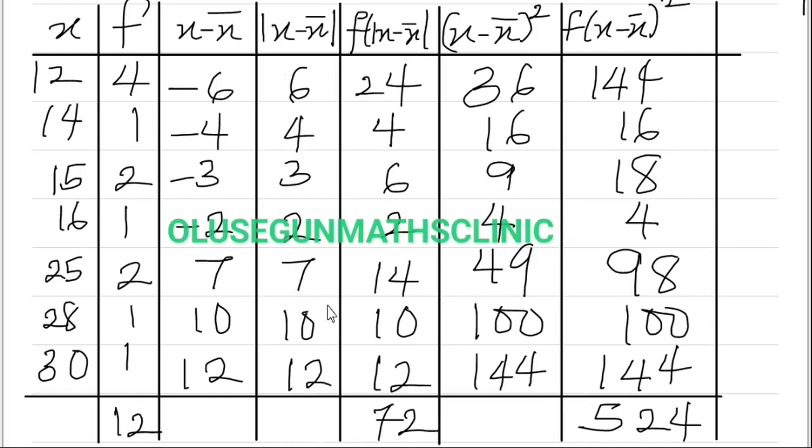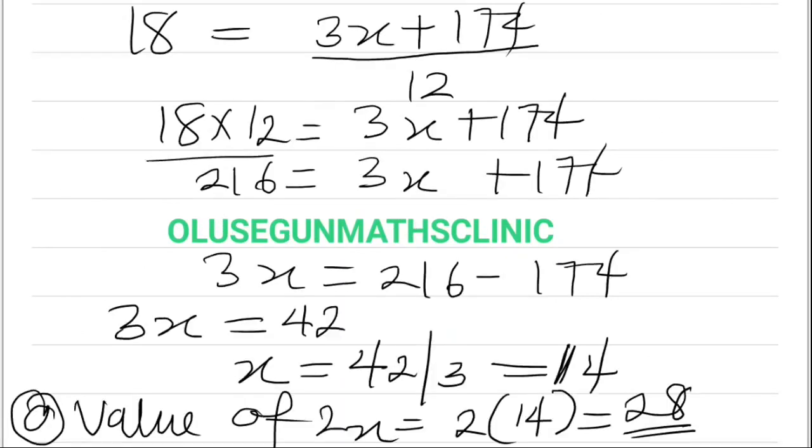Now the question says find the mean deviation. Recall that we are able to reschedule it with frequency: 4 times 6 is 24, 1 times 4 is 4, 2 times 3 is 6, and so on, and the total summation gives us 72.